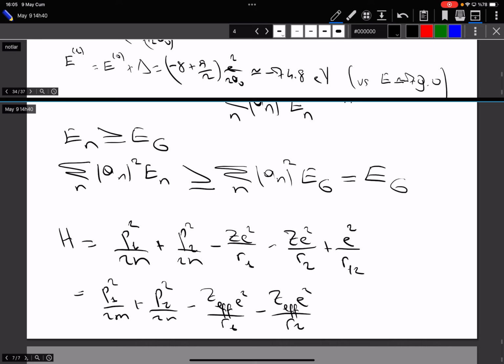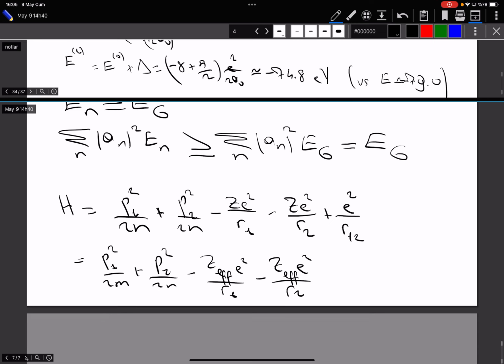Now Z is not equal to Z effective, so I have to add the missing terms.